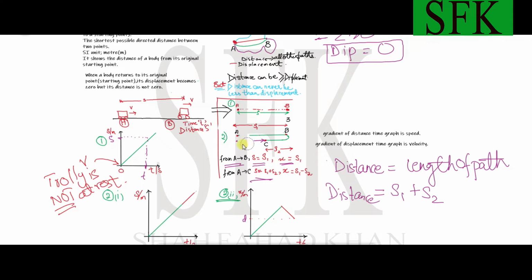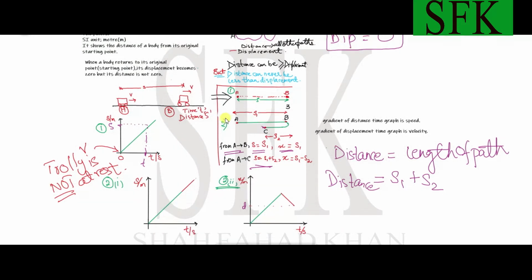Wait, let me erase this out first. Okay, from A to C, we just need to measure the distance from A to C. So the distance from A to C is gonna be this part over here.